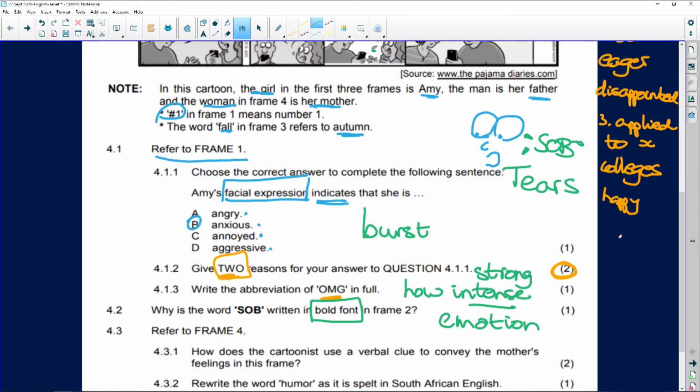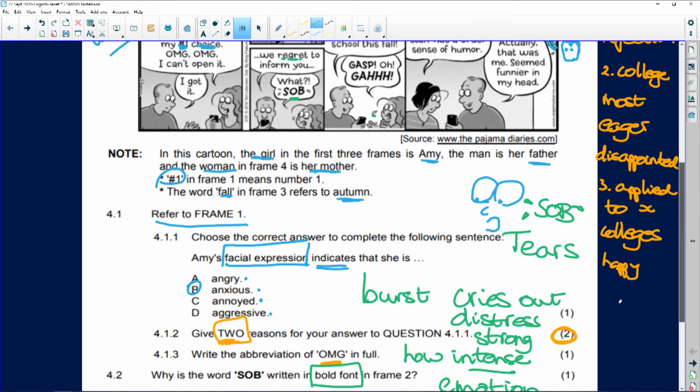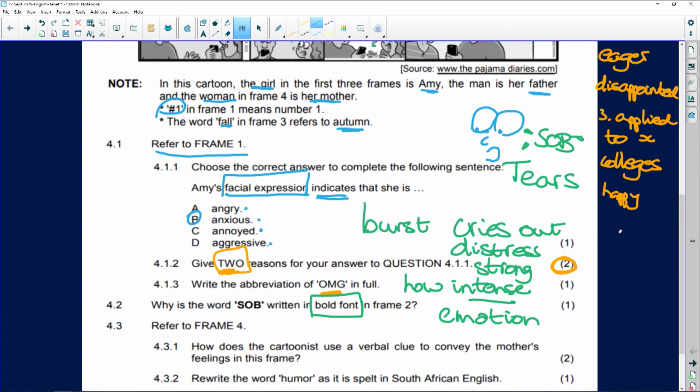You could say that she cries out in extreme distress. What is she crying out? What? So the sob emphasizes her emotional response as she's crying out. You just need 1 mark.